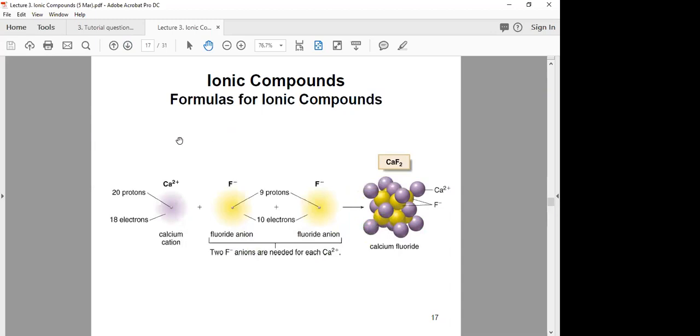Another example. Now we have calcium, which has a 2+ charge, and we have a fluorine anion here, but now we call it fluoride because it's carrying a negative charge. So we've only got a single negative charge there and a 2+ charge there. What would we have to do to balance the charges in the final compound?